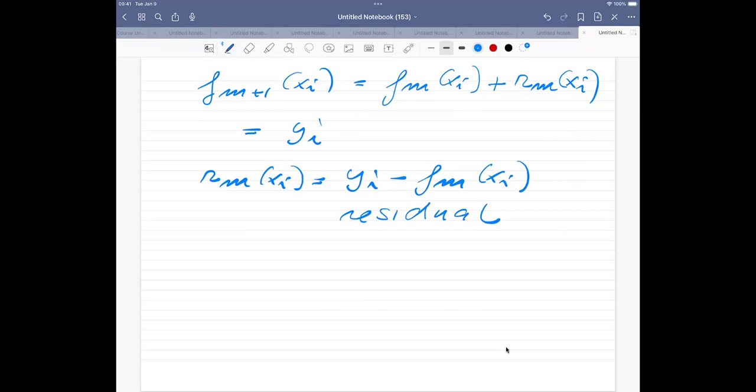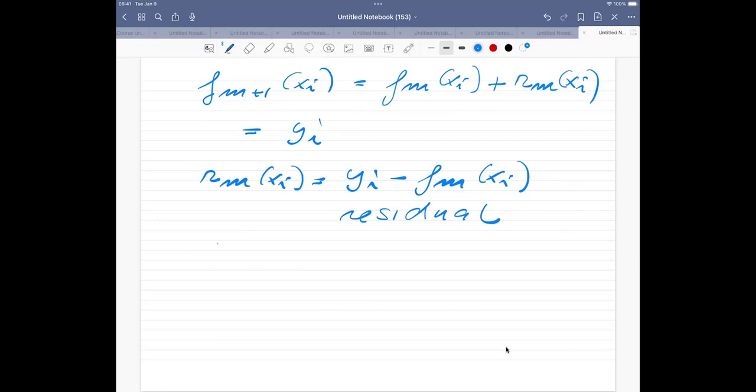So the gradient boosting aims at fitting this residual so that in each new f of m plus 1, what we are attempting is to correct the errors in the previous function value.